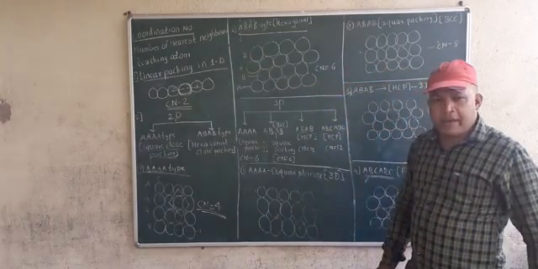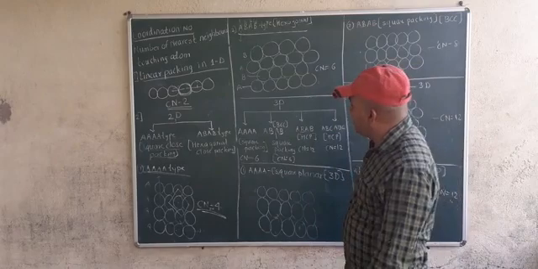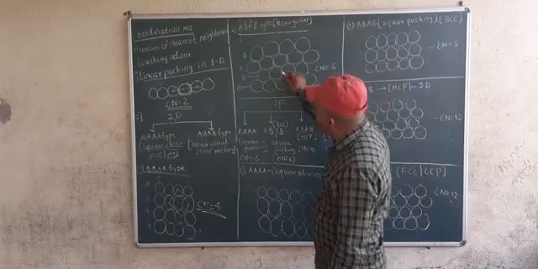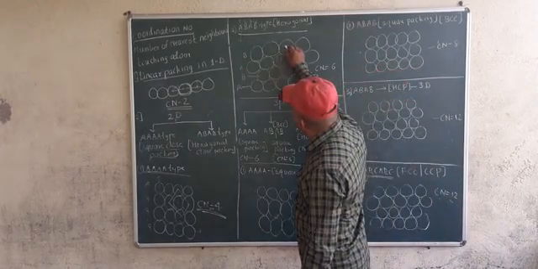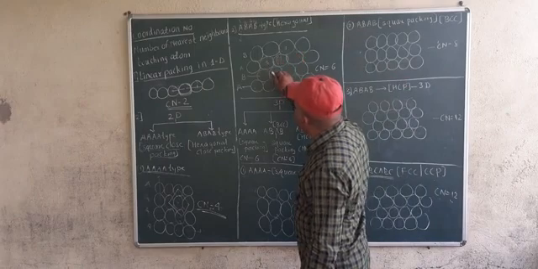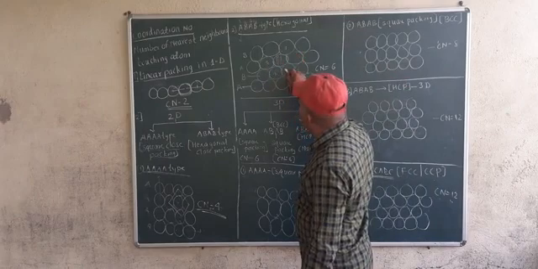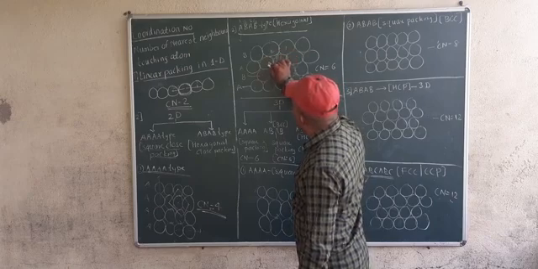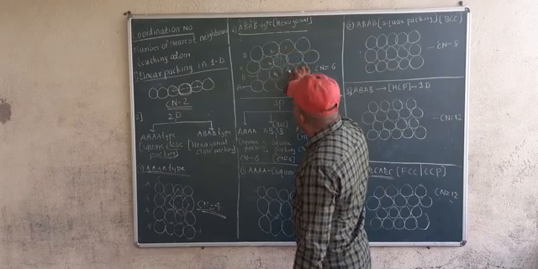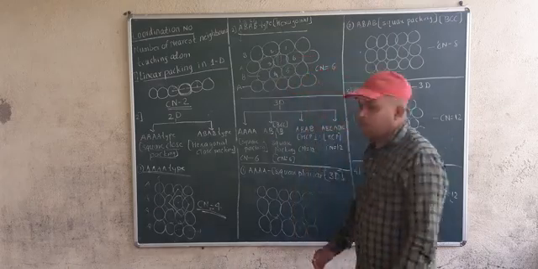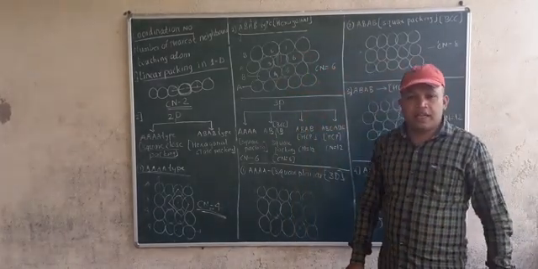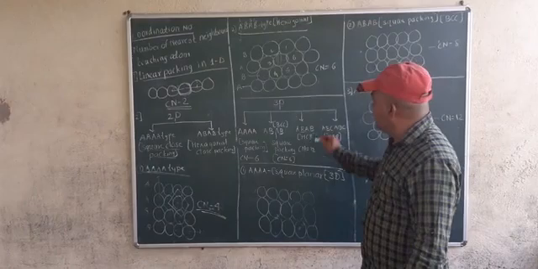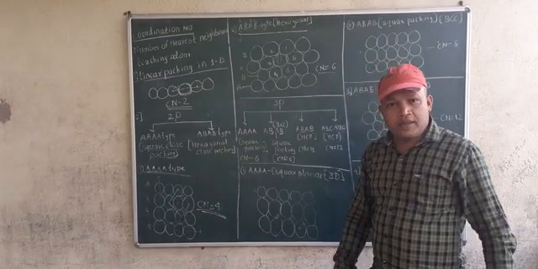You draw this diagram at home and you see each circle is touching how many circles. So I'm taking this circle, it is touching 1, 2, 3. This is also touching 1, 2, 3, 4, 5 and 6. Each circle is touching 6 other circles, hence coordination number is 6.